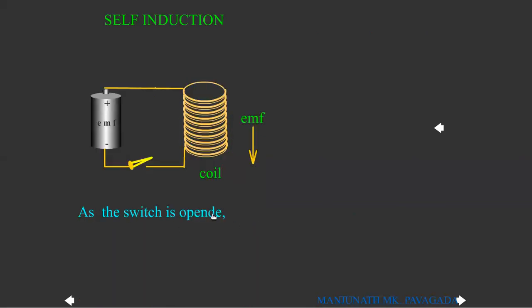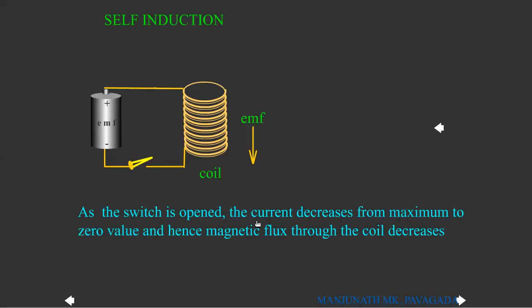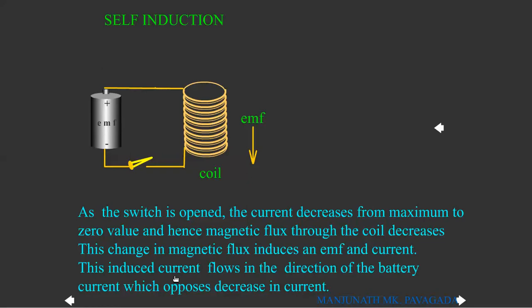So now as the switch is opened, the current decreases from maximum to 0. Of course, it also decreases gradually, and hence magnetic flux through the coil decreases. This change in magnetic flux induces an EMF and current. This induced current flows in the direction of the battery current, which opposes the decrease in current.